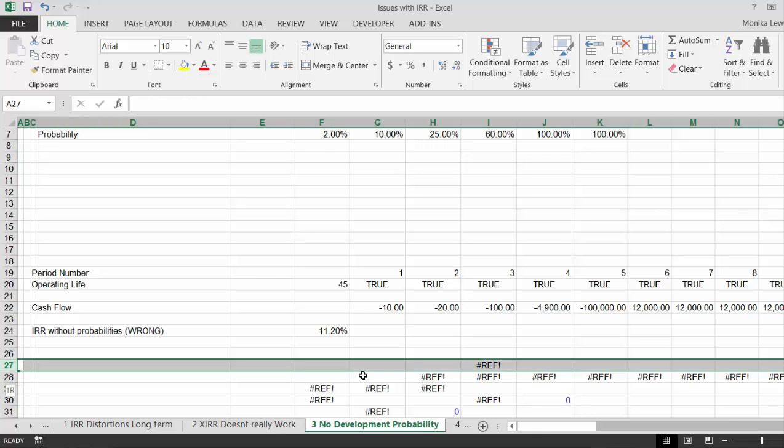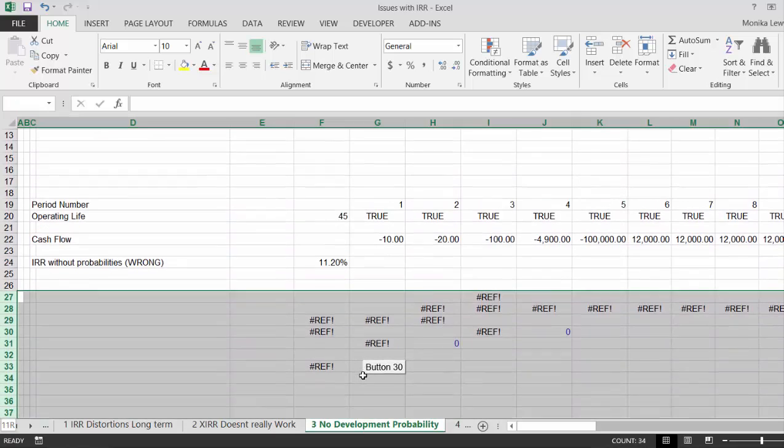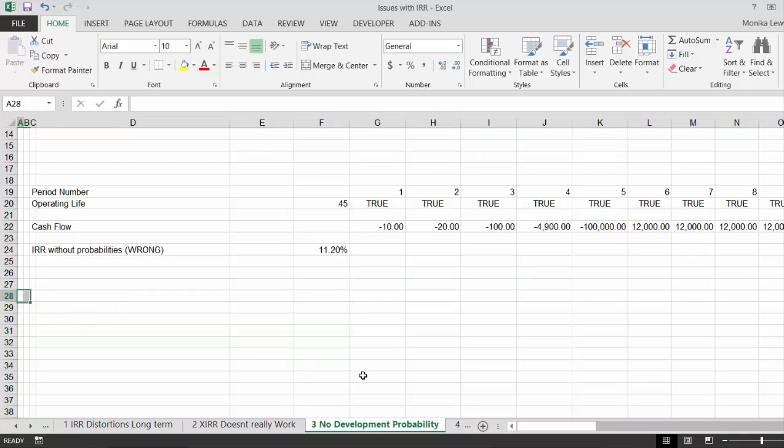Okay, now, for me, the big problem here is going to try to just structure this. Now, in period 1, we'll put the cash flow. We have this cash flow.